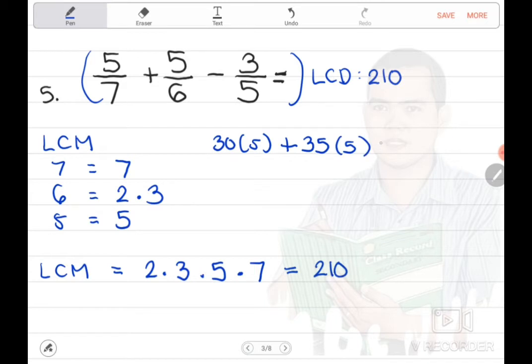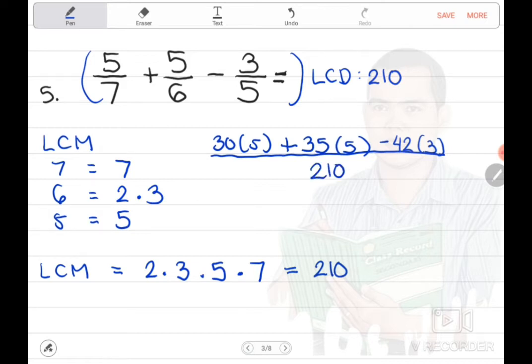Copy the operation, that is minus. So LCD 210 divided by 5, that is 42, times the numerator, which is 3, all over the denominator or the LCD, which is 210.